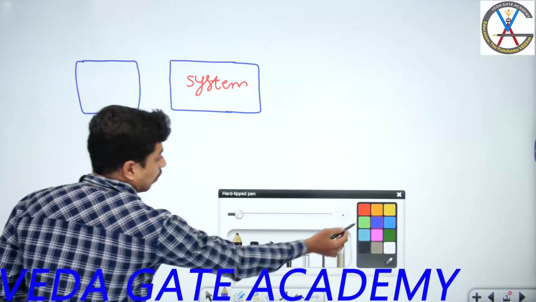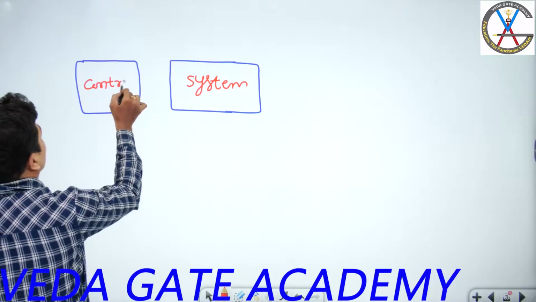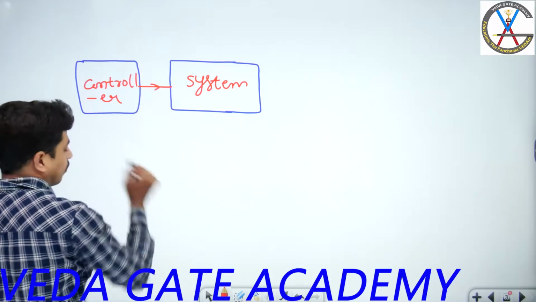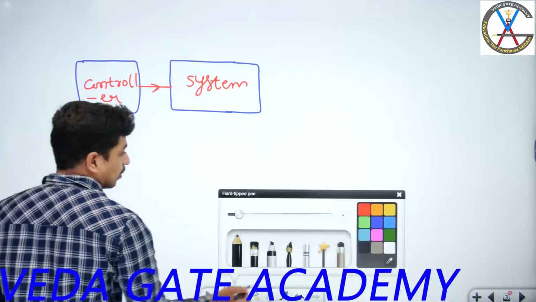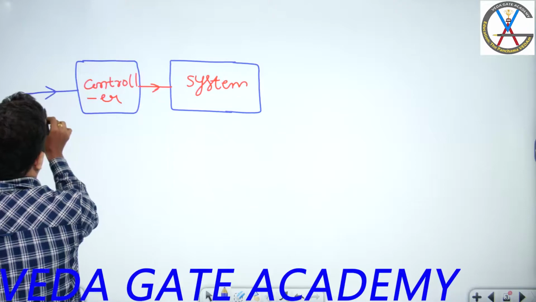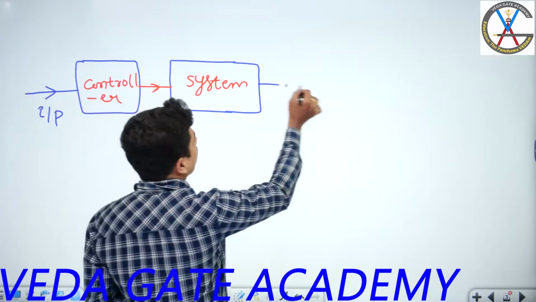This is the controller. Understand carefully. The controller is connected to the system. Here, the input is given on this side. This is the input signal. What are we going to get here?